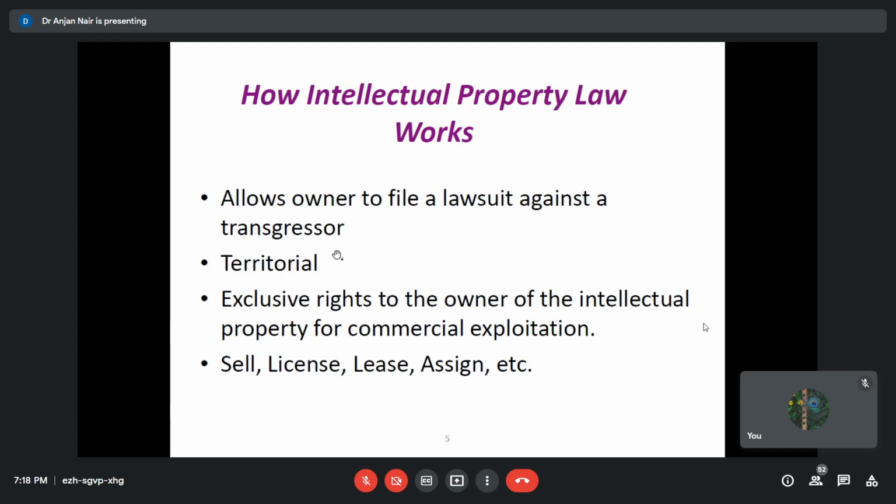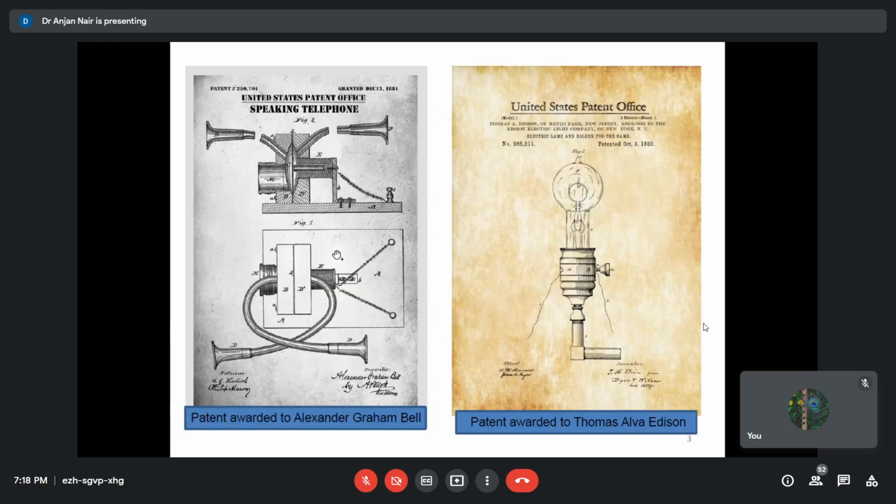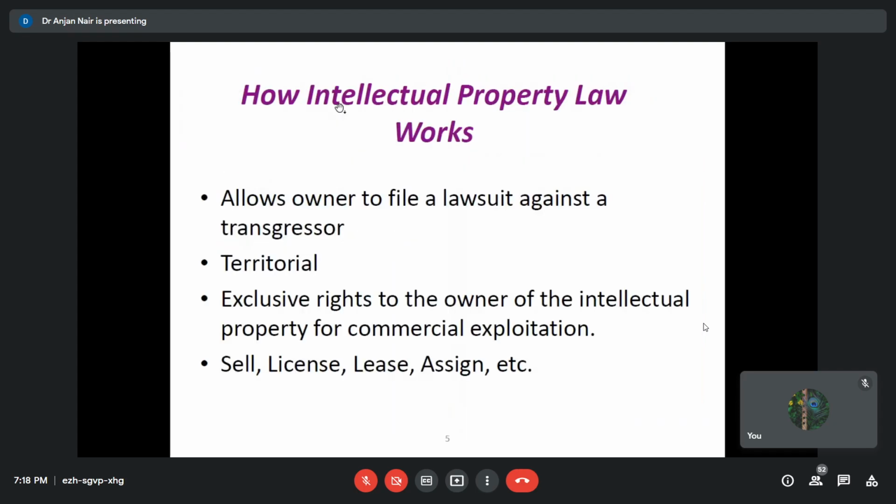Then basically it is territorial. So we have seen in the previous slide for the patent, you can see it is United States Patent Office. So it's territorial. So basically keep this in mind. All IPs are territorial. Just like, for example, your vehicle. Most of you might be having a two-wheeler or a four-wheeler, a car or a scooter. So how do you know that you are the owner?